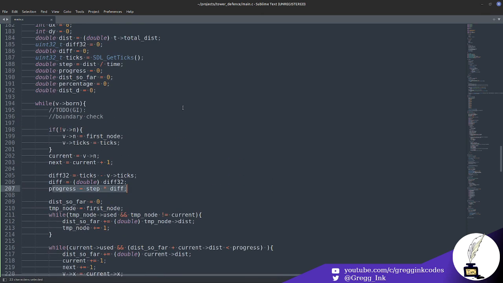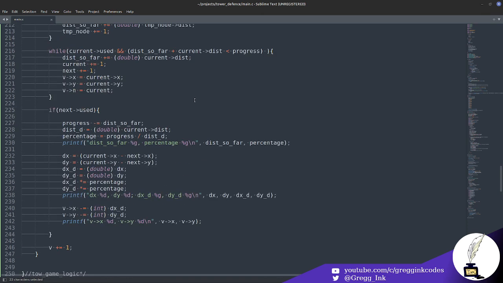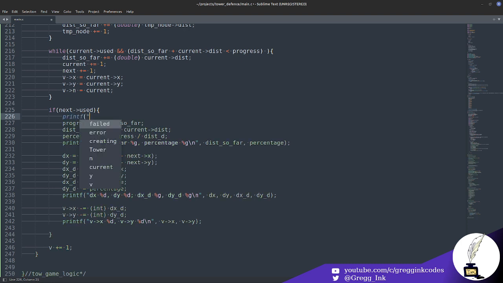So the progress is where it should be at purely time-wise.